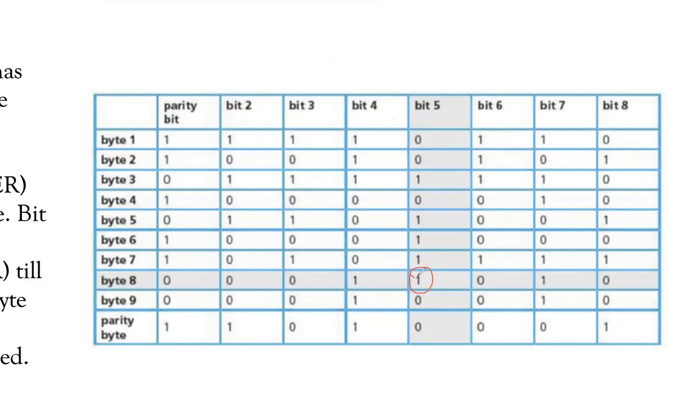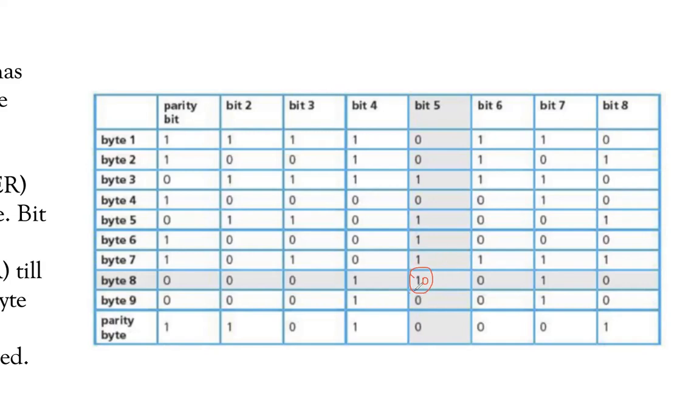It should not be 1. It should be 0. So in that case, if I change this bit back to 0, that means my whole parity block will be adhering to my even parity standards. So I have basically corrected the data. I have narrowed down the exact bit that is wrong, and I have corrected it.